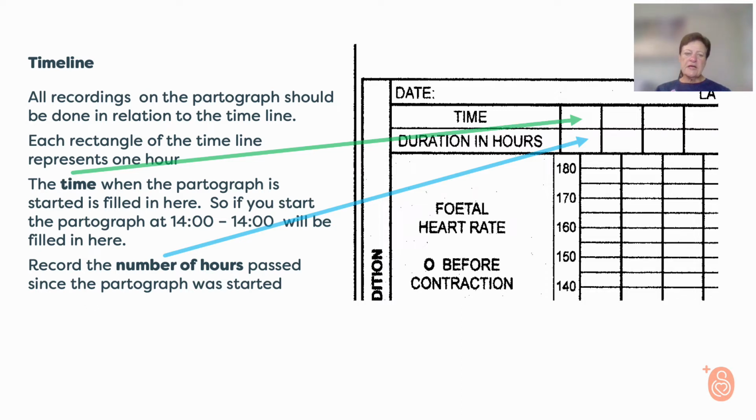We will see that again when we come to more examples of the partograph. So if we start the partograph at 2 o'clock, the patient has been admitted and she's in labor, we start the partograph at 2 o'clock. So this block will say 1 hour later, 2 hours later, 3 hours later, and that's basically how we use the timeline.